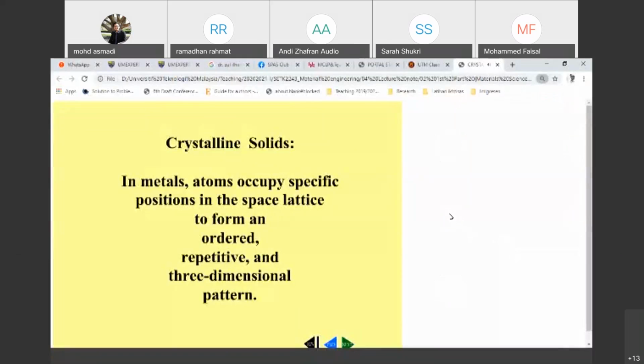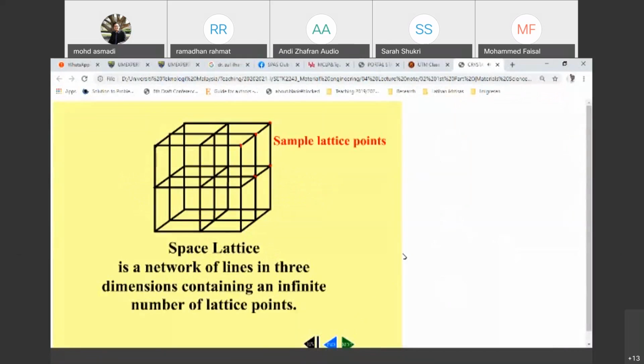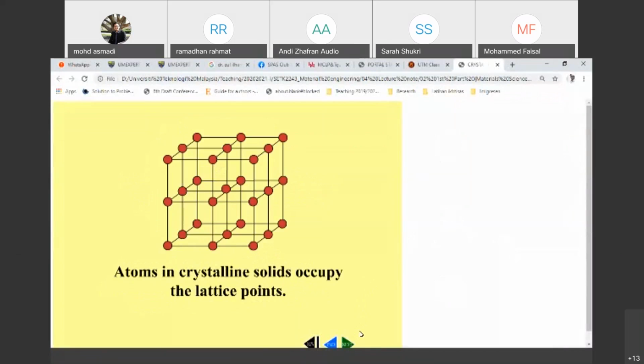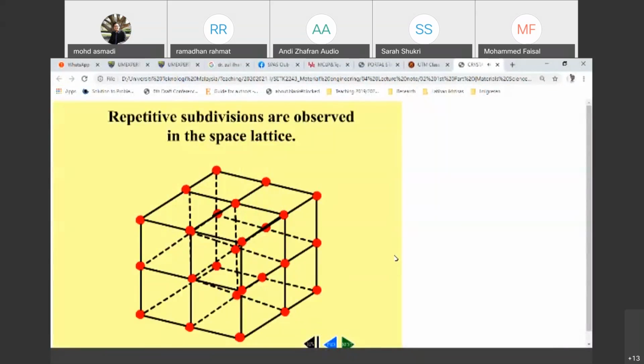Crystalline solids. In metals, atoms occupy specific positions in the space lattice to form an ordered, repetitive, and three-dimensional pattern. Space lattice is a network of lines in 3 dimensions containing an infinite number of lattice points. Atoms in crystalline solids occupy the lattice points. Repetitive subdivisions are observed in the space lattice.